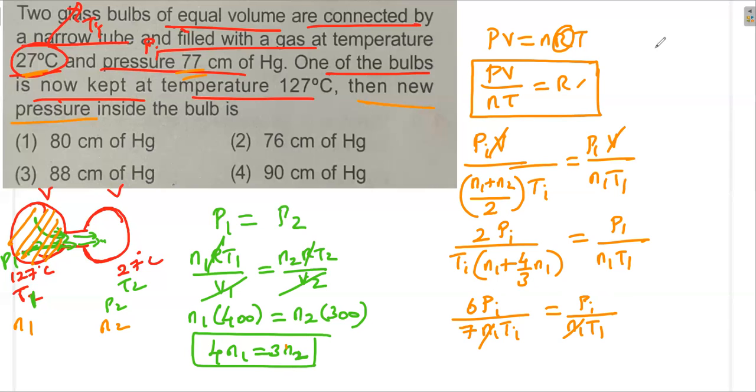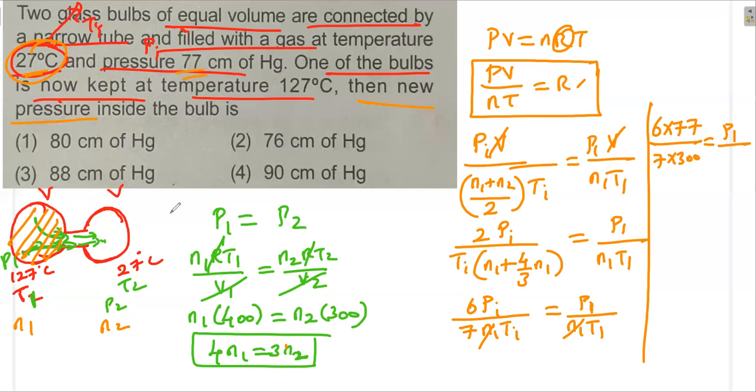Okay, so now what do we have? I just have to substitute. Will I have space? Yes, I think I'll do it here. So 6 into P initial, which is 77, it will be like that. 77, yeah, it's a good number. T initial is 27, which is 300. T1 is 400. Okay, let's substitute. So 6 into 77 cm of Hg by 7 times T initial, 300, is equal to P1 by T1.